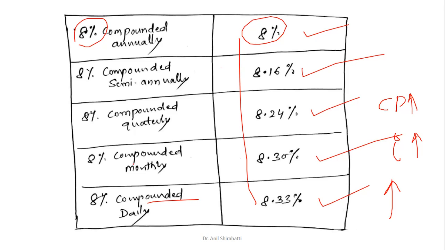But if they say compounded monthly, they are actually charging 8.3, but advertising 8% star compounded monthly. So this is an advertisement gimmick, but whenever you are dealing, either keeping a deposit or taking a loan, you have to ask what the compounding is, whether monthly, quarterly, semi-annually, or annually. As a customer you have to ask the respective financial institutions.